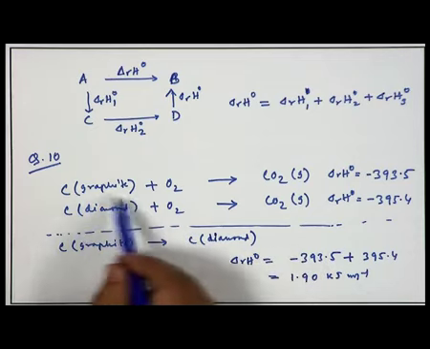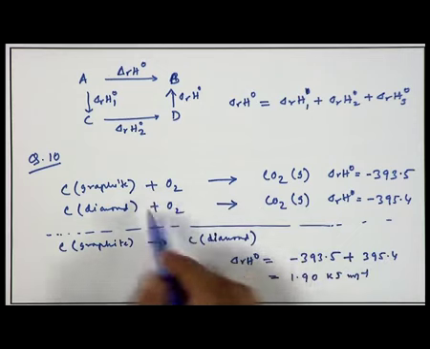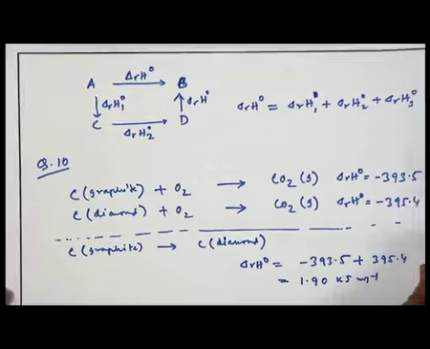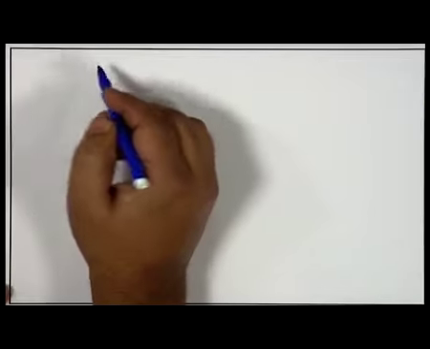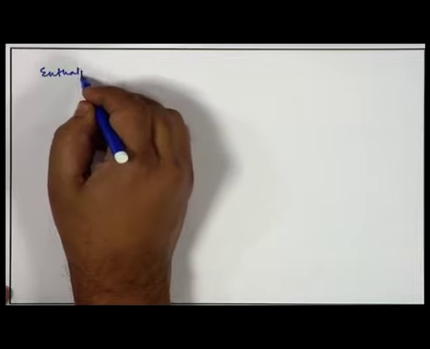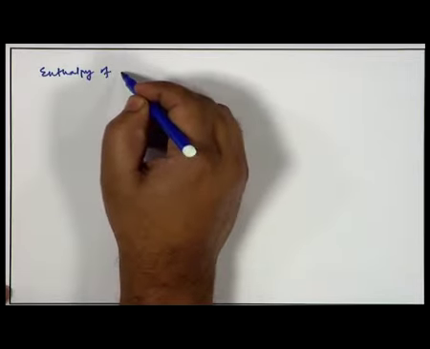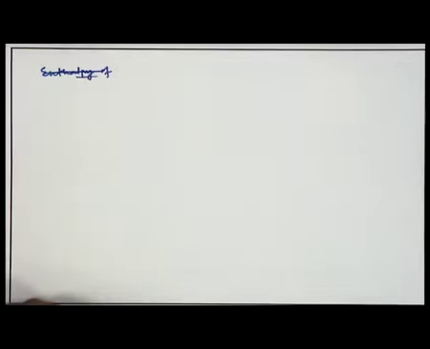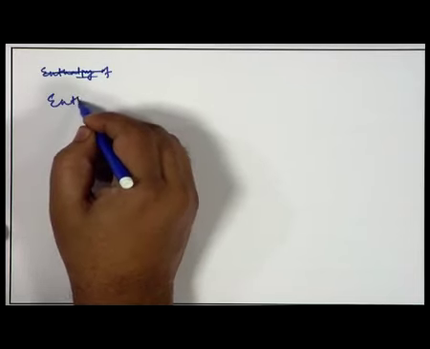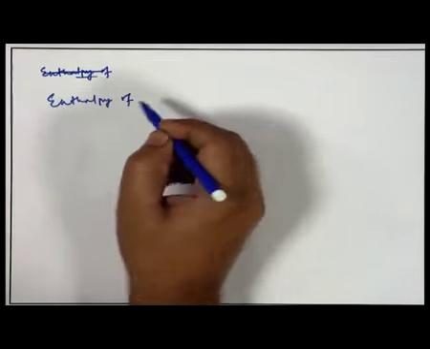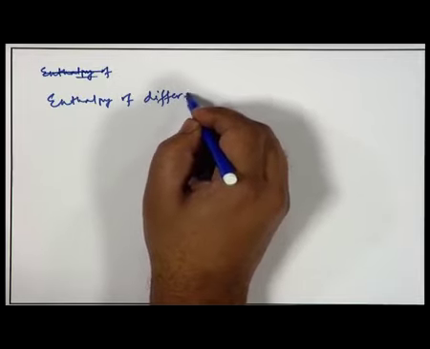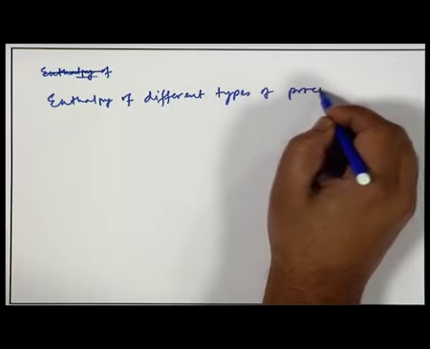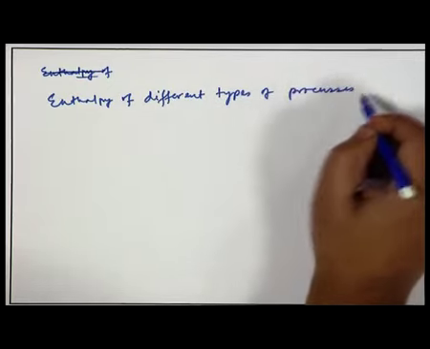So, this is the example of Hess's law that we are applying, and this reaction which we are talking about all the time is a combustion reaction, so we can also define a heat of reaction or enthalpy of... okay, we will talk about that in the next class, where we will talk about enthalpy of various types of processes or reactions.